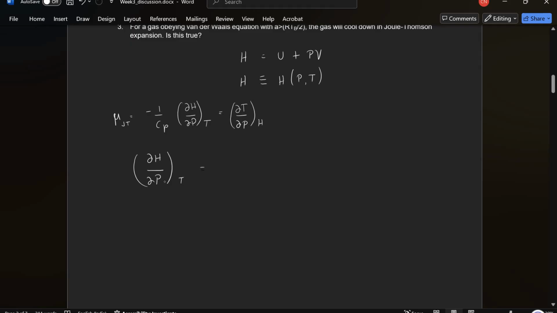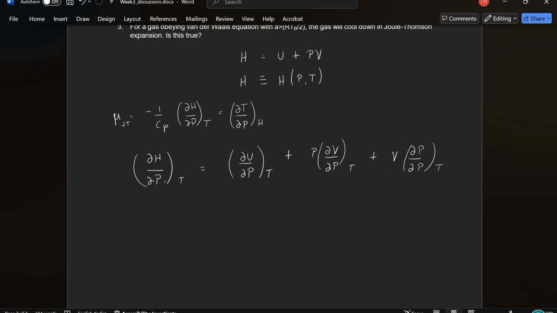It is equal to del U by del P at constant temperature, plus, since this is a two variable thing, P into del V by del P at constant temperature, plus V del P by del P at constant temperature, which is basically 1.